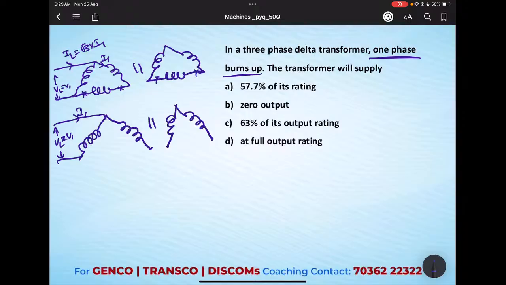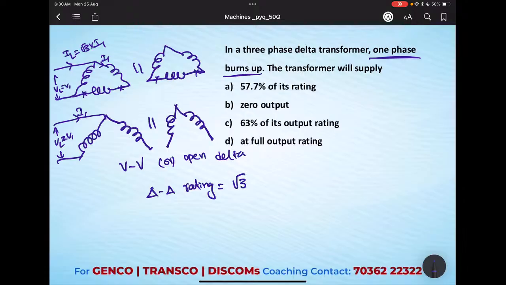So what they are asking is the rating of the open delta. If one phase got burned out, at what power rating is the transformer going to work? We need to calculate that. For that, first we will calculate the rating of the delta-delta transformer.